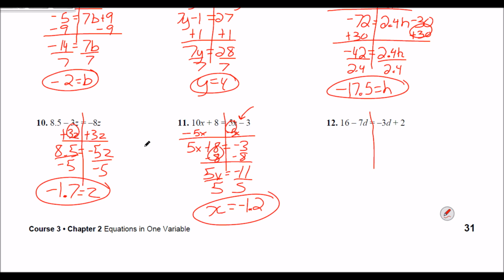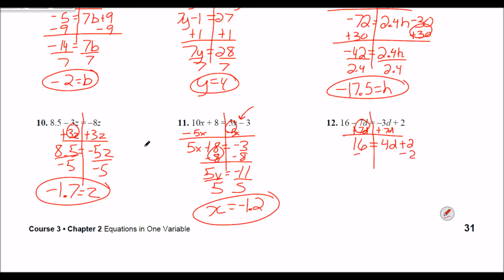All right, number 12. Again, that subtraction sign in front of the 7d turns into a negative 7d in comparison to a negative 3d. All right, so I would like to get rid of the negative 7 by adding 7 on each side so that that becomes 0 on the left. The 16 drops down. If I have negative 3 and add 7, we get 4d plus 2.